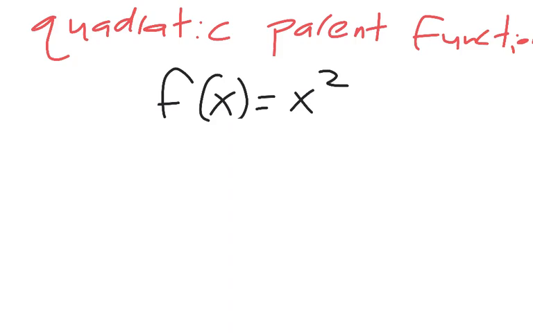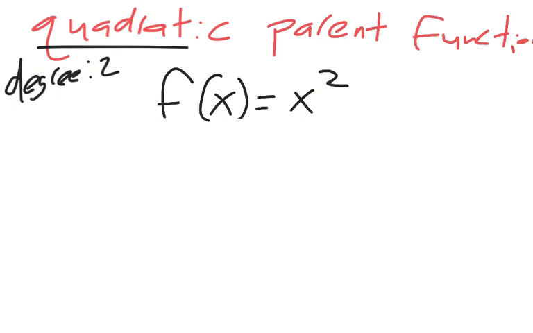Notice we've got function notation again. F of x equals, and we're looking at x to the second power. This is the simplest function in the quadratic function family. And again, all quadratic means is that it is degree 2. This is the simplest degree 2 polynomial I can have.